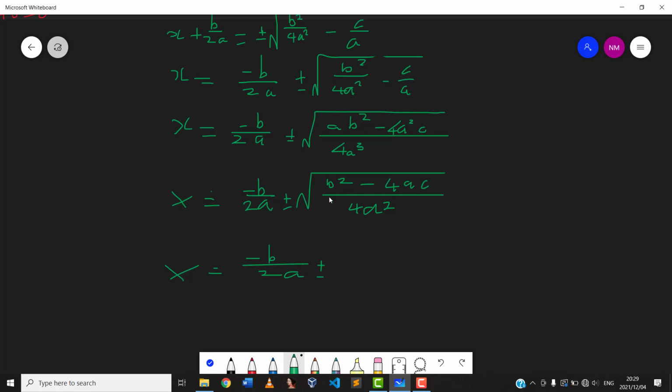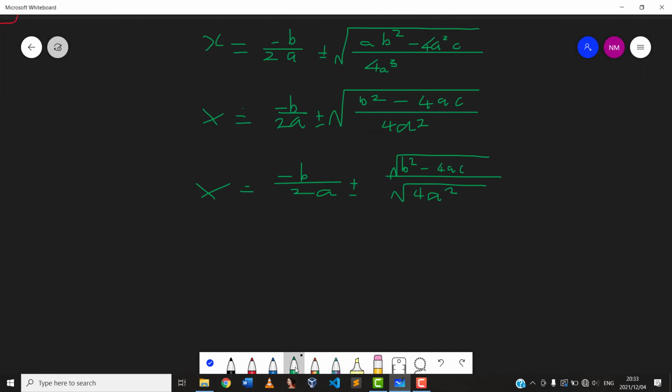This just equals the square root of b squared minus 4ac over the square root of 4a squared. And now for the finishing touches, you would just simplify the square root fraction. So you'd say minus b plus minus, and you can't really simplify the square root of b squared minus 4ac. It's already in the simplest form.